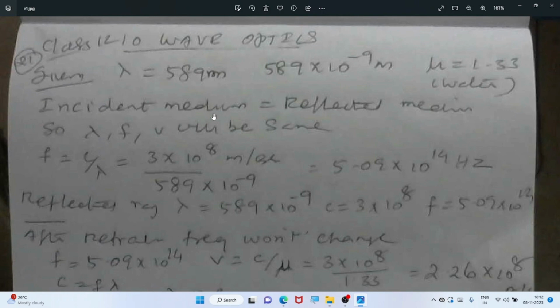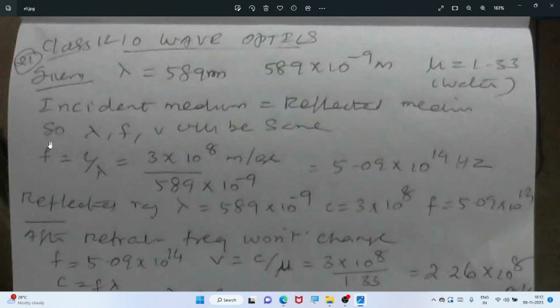The reflected light stays in the same medium as the incident light, so the frequency will not change. We have already seen that frequency is not going to change.